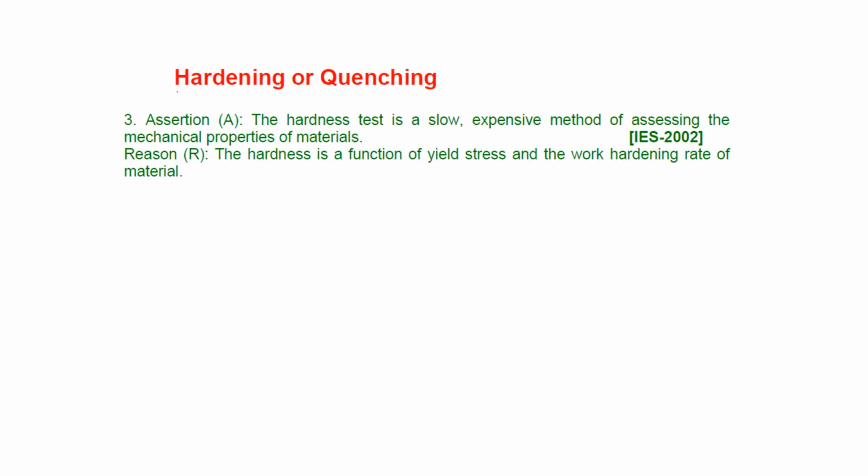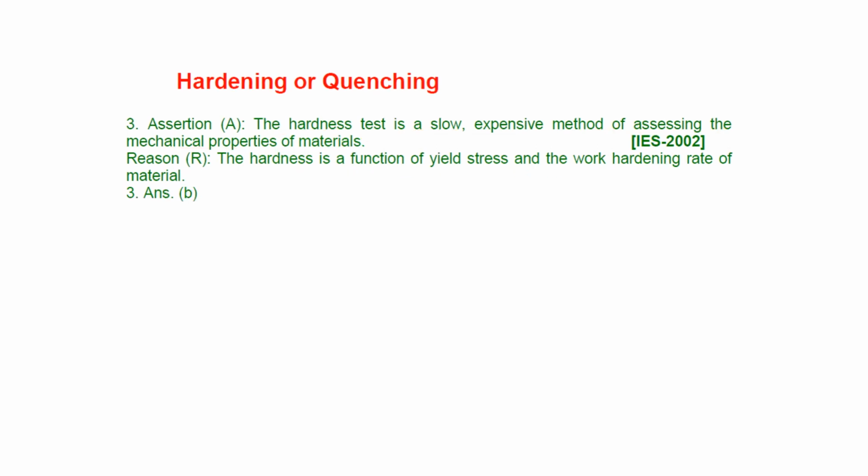Next question, this is from hardening and quenching. Let's read the assertion: the hardness test is a slow, expensive method of assessing the mechanical properties of materials. Reason: the hardness is a function of yield stress and the work hardening of material.